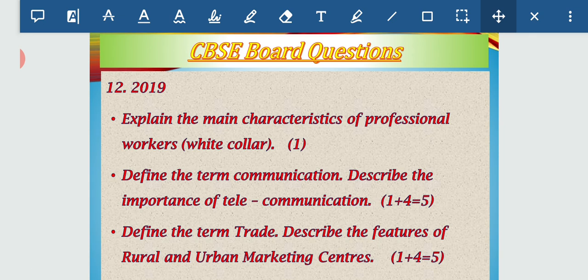So, it is a part of telecommunication. With the help of mobiles and telephones, we are able to spread knowledge. Telecommunication is basically related to the internet, or the satellite.